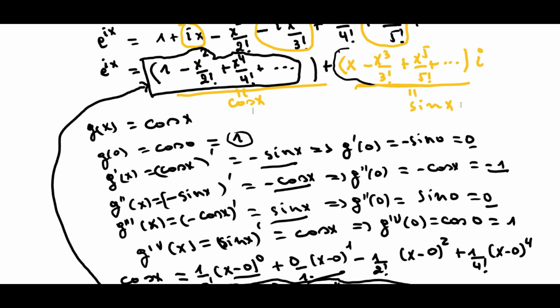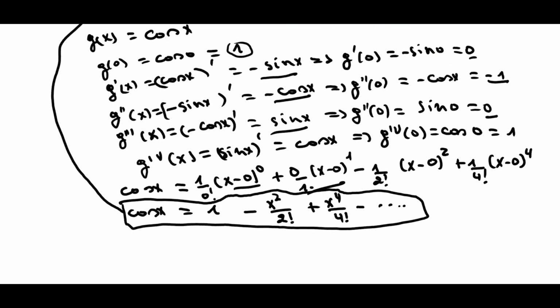And finally, we will have our Euler relation, our Euler formula, which is e power i x equal to cosine x plus i sine x. So that's where the relation came from.